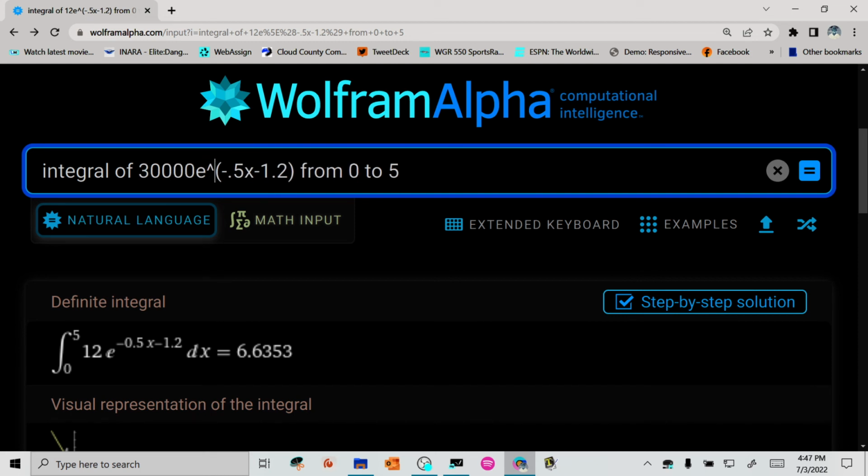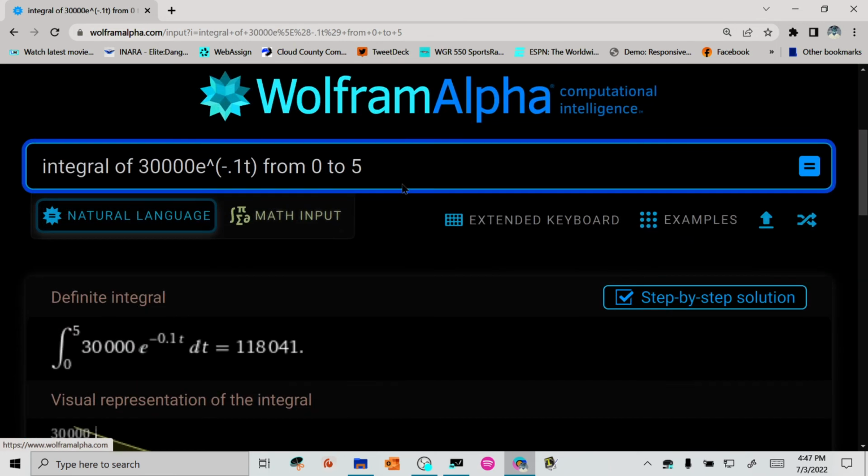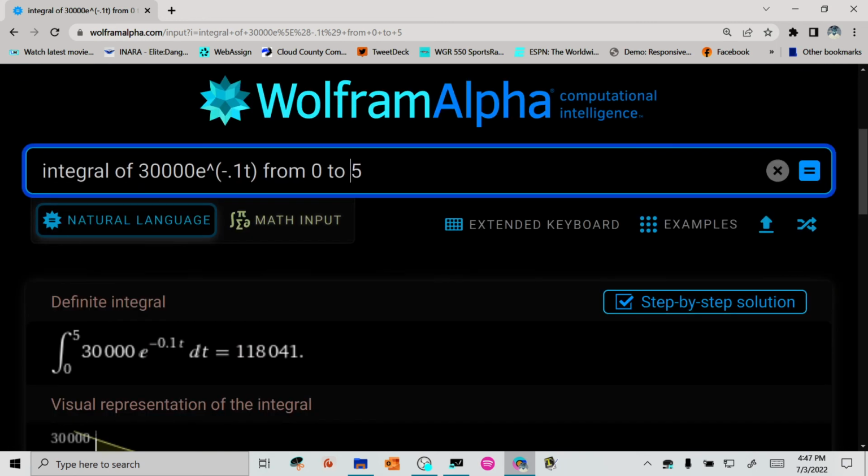30,000 e to the minus 0.1 t. There it is. Oh, yeah, because I got to change my bounds. Duh, 7 years. I was going to say, that's not the answer I got.